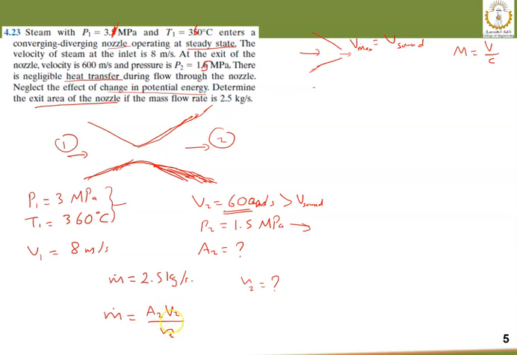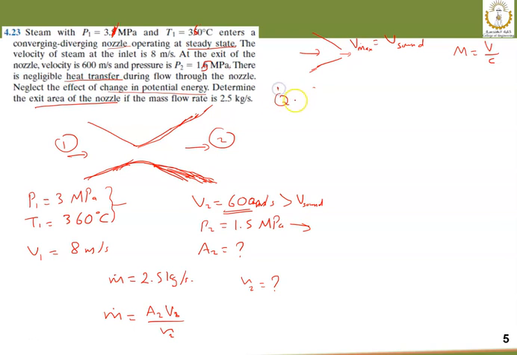We have velocity V2 here, the velocity at the exit. If we can find v2 from the table, then we can find A2. So we need to find another property at the exit, and we can find it if we use the energy equation.